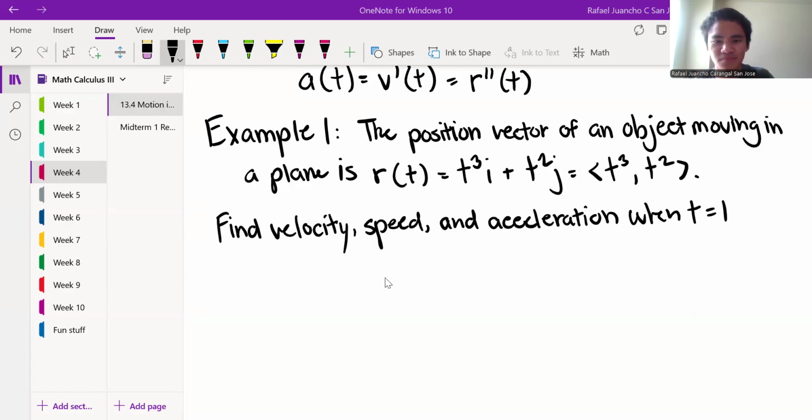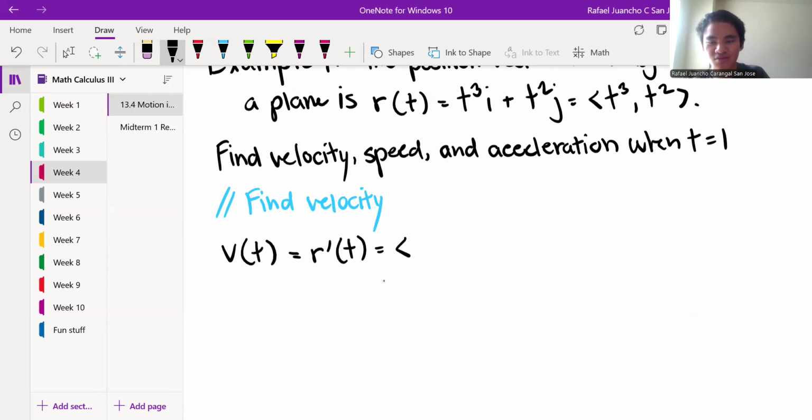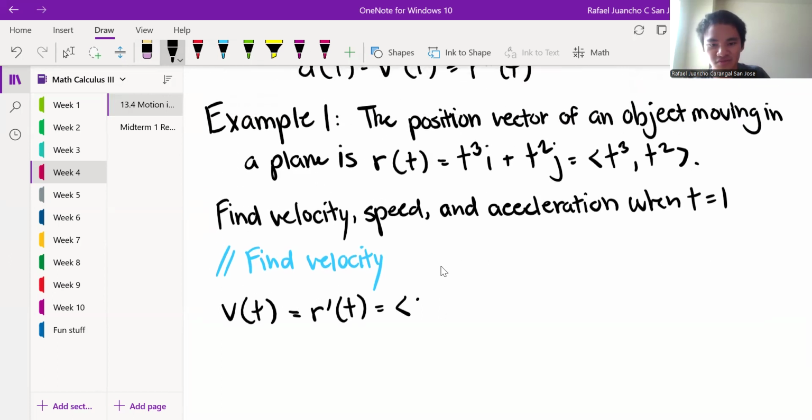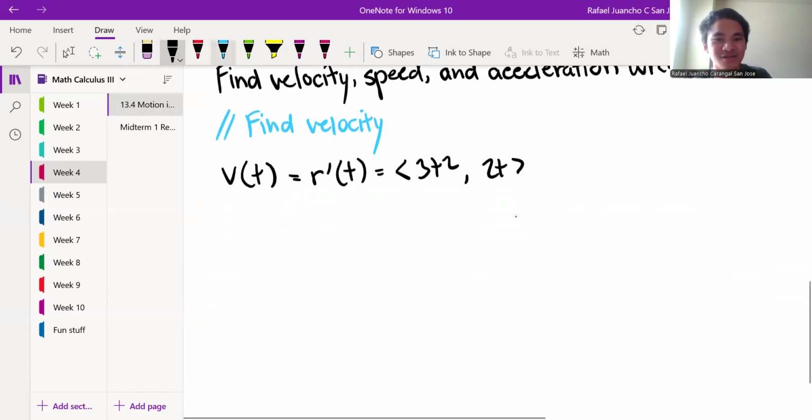Okay. So first, let's find velocity. When we find our velocity, this is our position, right? So we want to just take the derivative. So we get v of t. It's just the derivative of my position vector. So instead of t cubed and t squared, I take its derivative. So 3t squared, 2t. Again, calculus 1 course on derivatives, so please check that out.